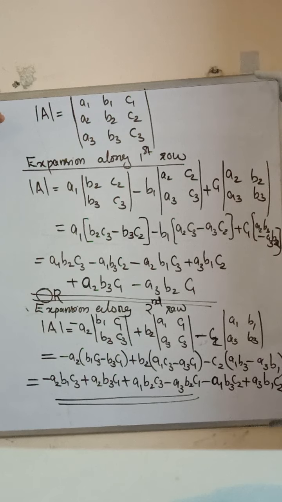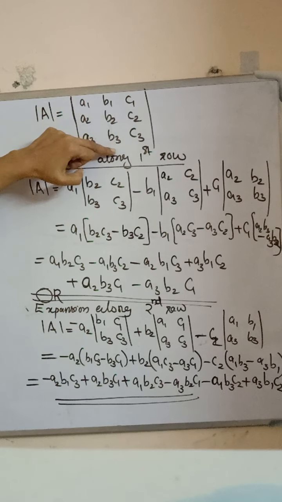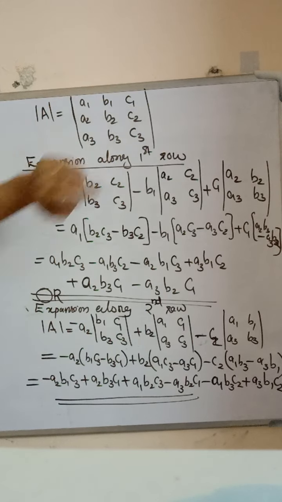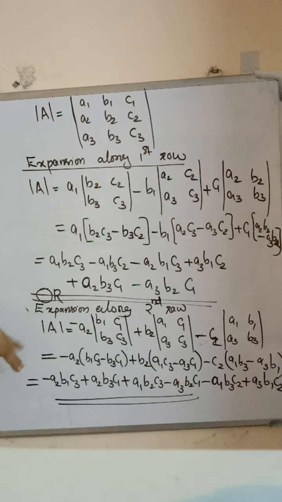The determinant of a 3 cross 3 matrix can be found by expansion along the first row, the second row or the third row. Similarly, expansion along the first column, second column or third column. All these expansions are equal to a unique number. The determinant value is unique, so if we expand the determinant using any row or any column, we get the same answer.